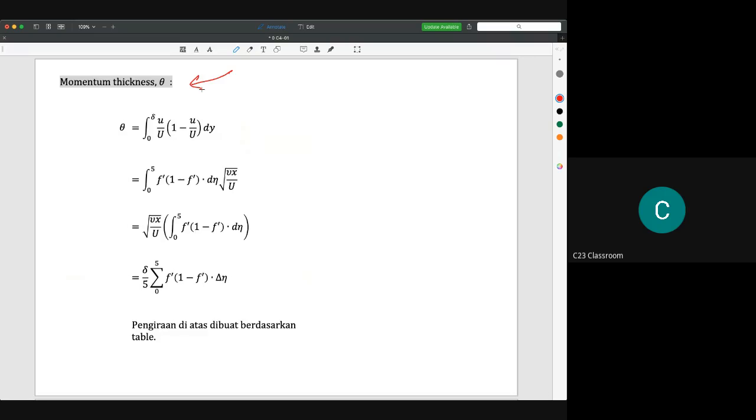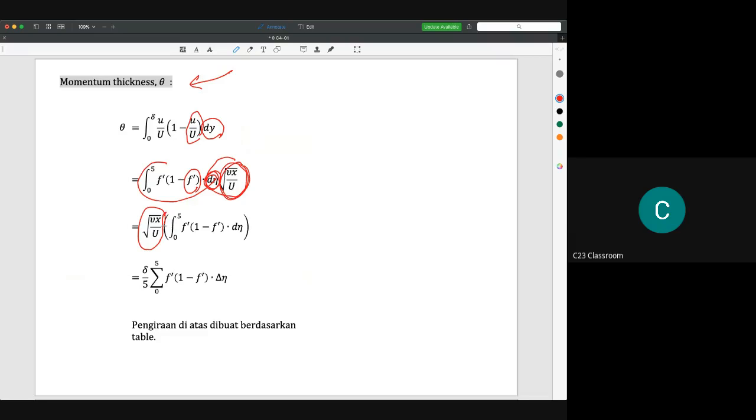So we have this one again, because this is the equation that comes from the x and y coordinates. We replace dy with this one, and we replace u over U with this one. Then we bring out the constant value, because this integral is only for eta.